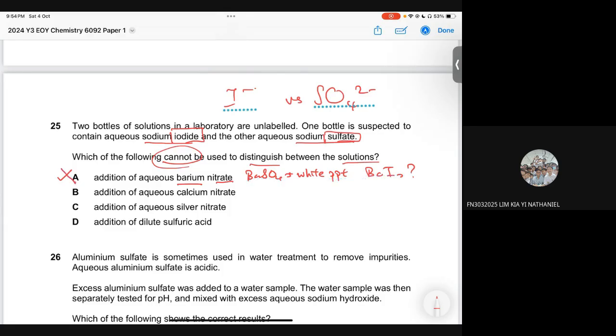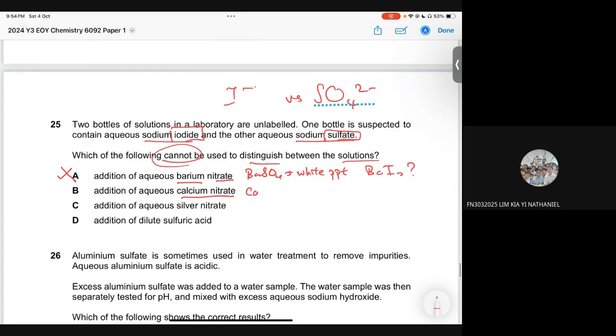Next one, calcium nitrate. It's the same as the barium nitrate thing. It can form calcium sulfate, which is a white PPT, an insoluble salt. Calcium iodide should be soluble. But even if it forms some salt, it should be yellow in color. So this one can be used to distinguish. Therefore, it is not the answer. Next one, silver nitrate.